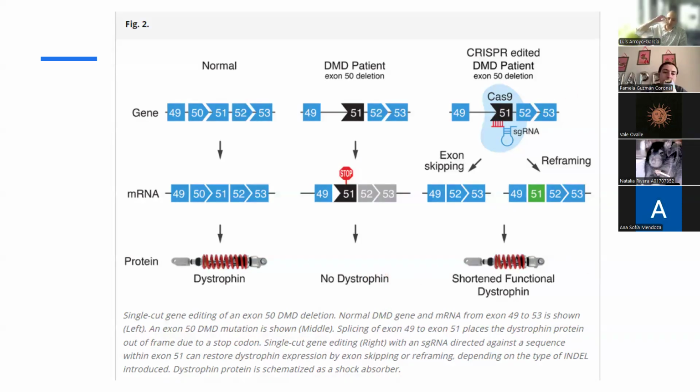So what we can do basically is use CRISPR-Cas9 to modify this part, and when this gene is read, we can reframe and write what is needed. Then we might have a shortened functional dystrophin that could fix this genetic problem in these diseases.